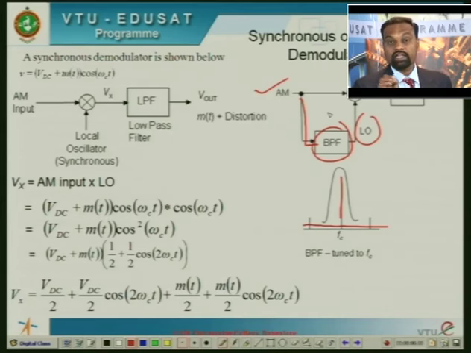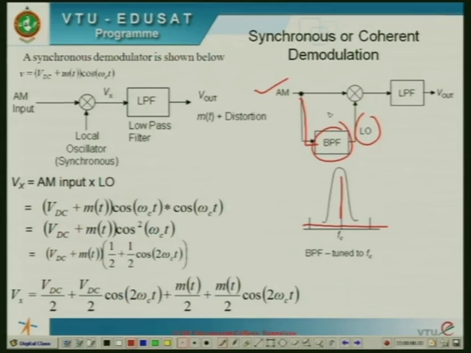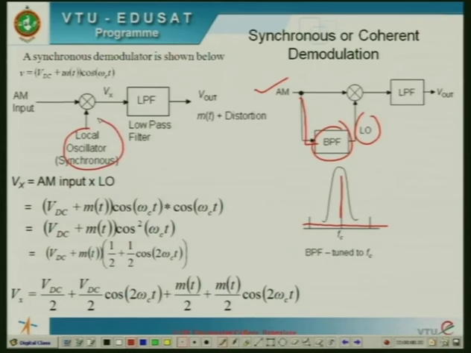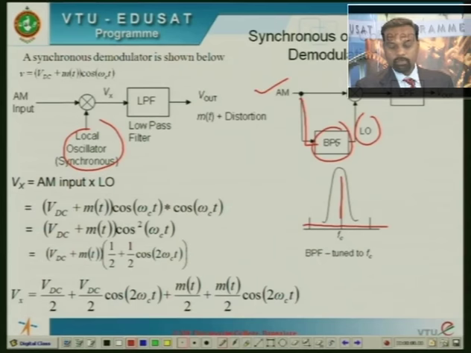So what is actually done here is, instead of using a separate local oscillator to generate the carrier at the receiver, what technique is adopted? We use a band pass filter, and this band pass filter only allows the frequencies within FC. So the output of a band pass filter will always have a carrier signal of cos of omega ct.